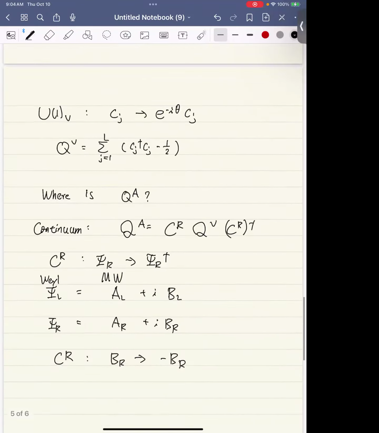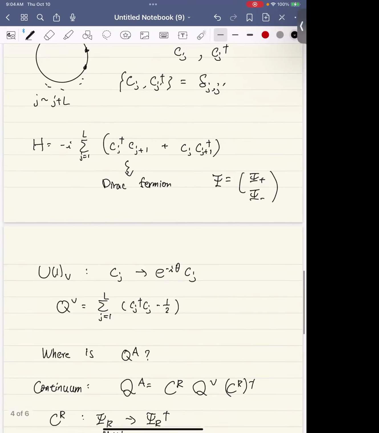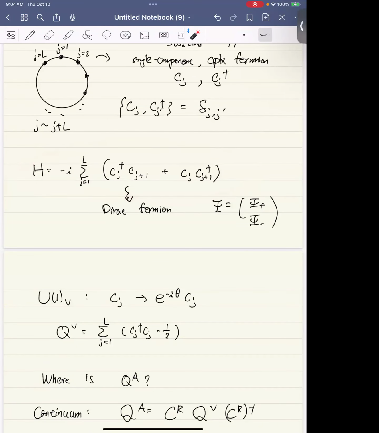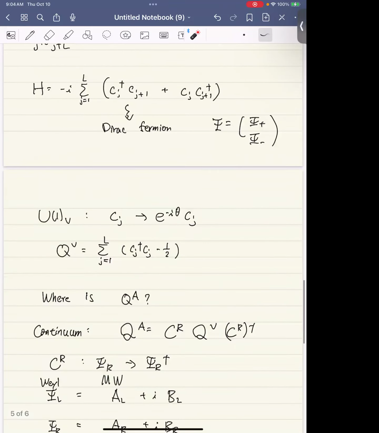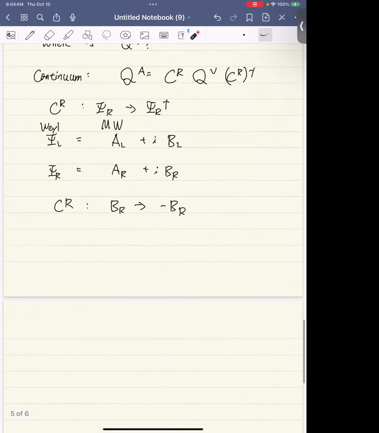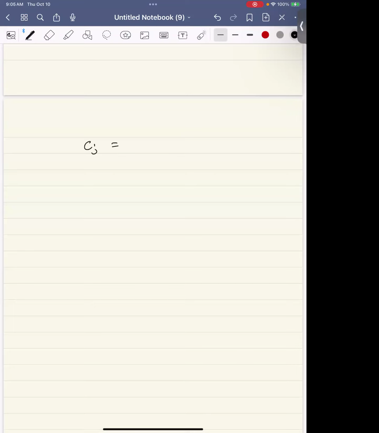And the trick is that in this complex fermion Hamiltonian, the trick is to break it into real fermions. So now we are back on the lattice. The trick is to write c_j as a_j plus i b_j, where a_j and b_j are both real fermions.